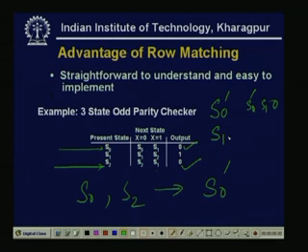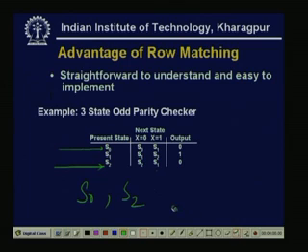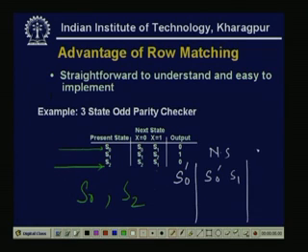So, what will be the thing? If S0 and S2 are mapped, then the table will be: S0 dash is the present state, and next states will be S0 dash, S1, output will be 0, and this is S1, my present state, and now S2 becomes S0 dash and output becomes 1.